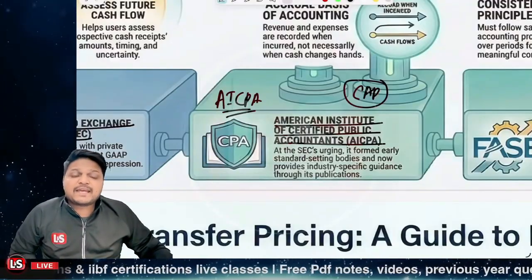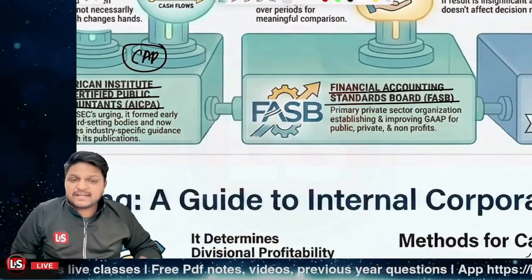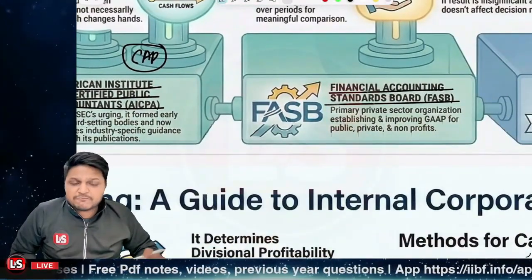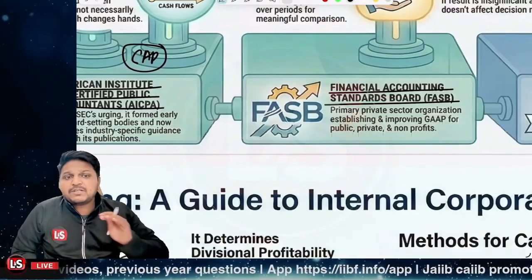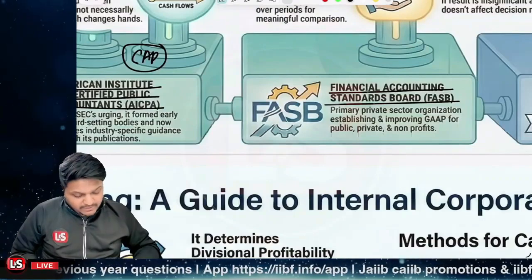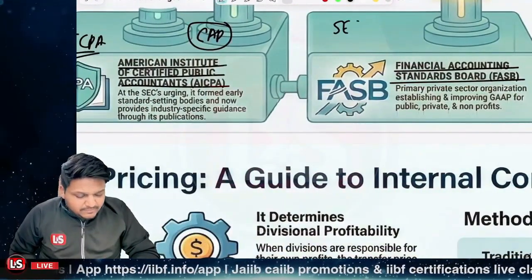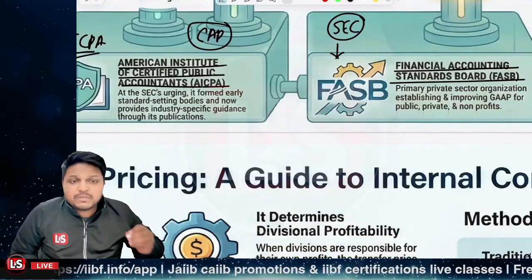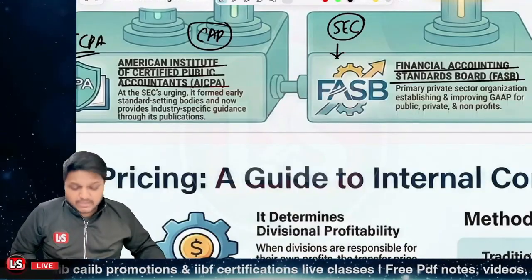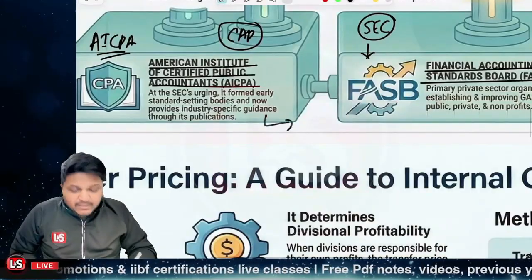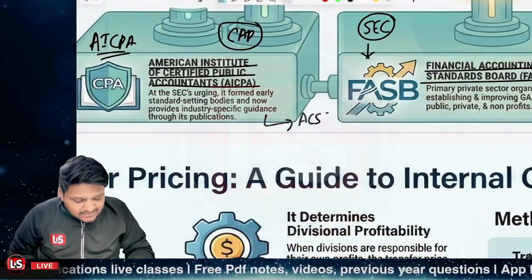And when the FASB was created, when basically the SEC said that the FASB, the Financial Accounting Standards Board, is to be created, the AICPA established the Accounting Standards Executive Committee. So when the SEC said that the FASB is to be created, after that point, the AICPA established the ACSEC.